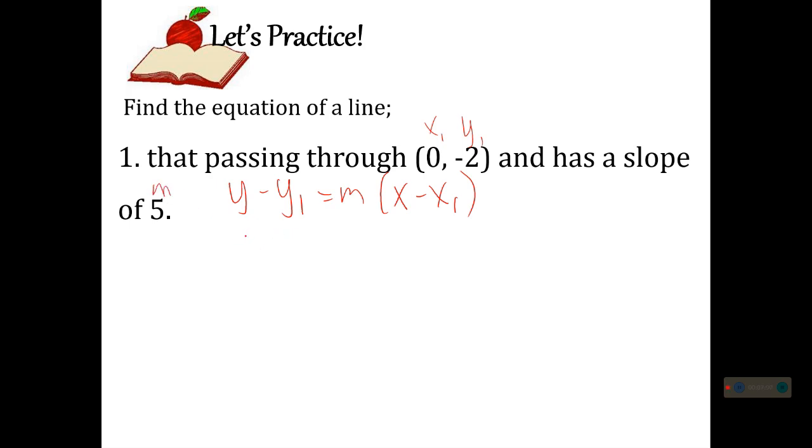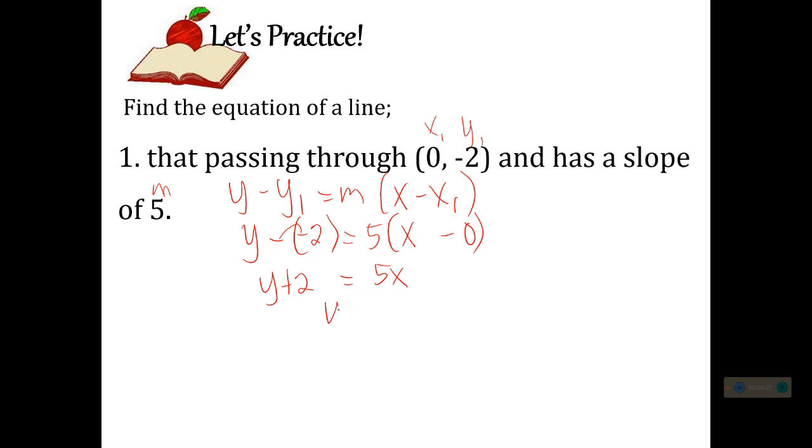So, to proceed, we have y minus our y sub 1, which is negative 2, equals our m, which is 5, times x minus our x sub 1, which is 0. Then, you will have to distribute this. So, we have here y plus 2 is equal to, by using again the distributive property, 5x, and 5 times 0 is 0, so you do not have to write that.